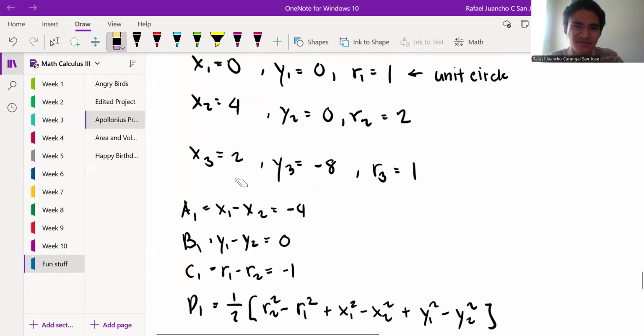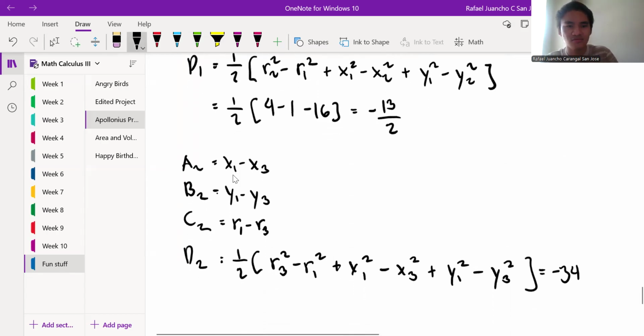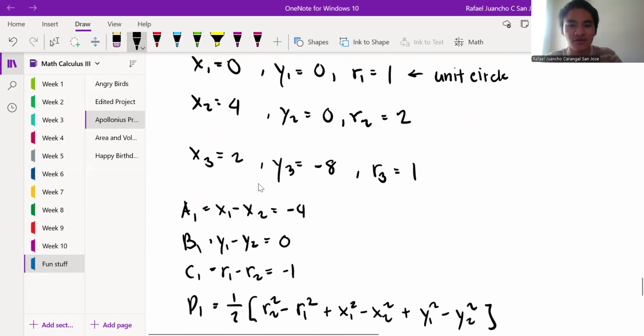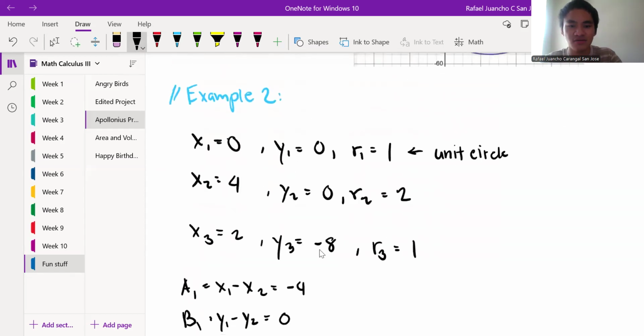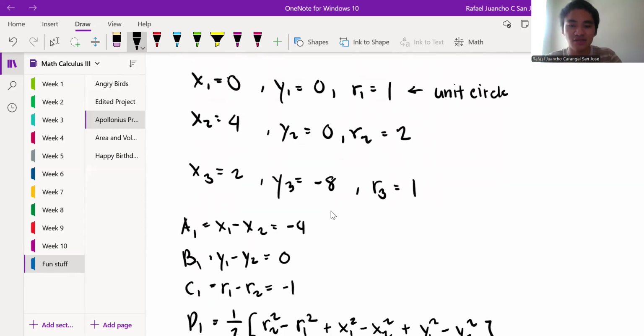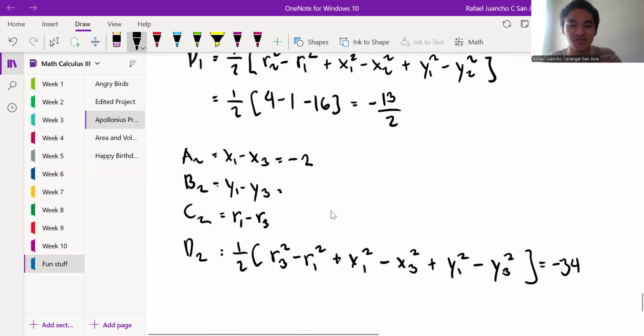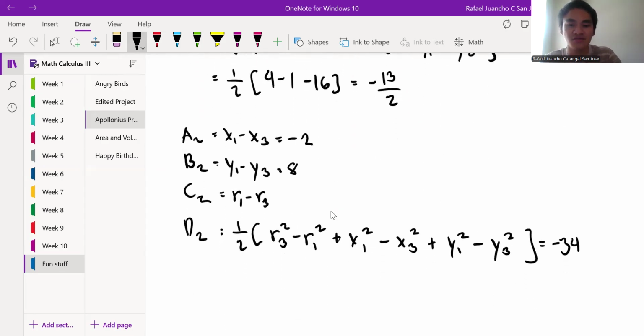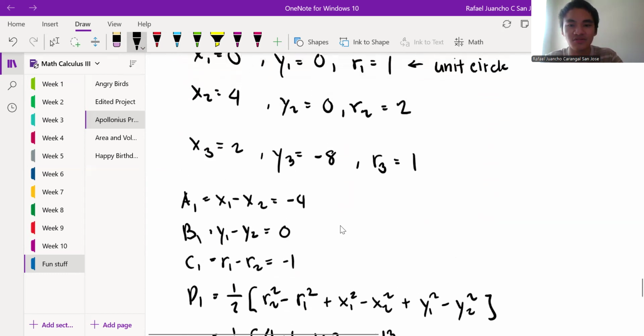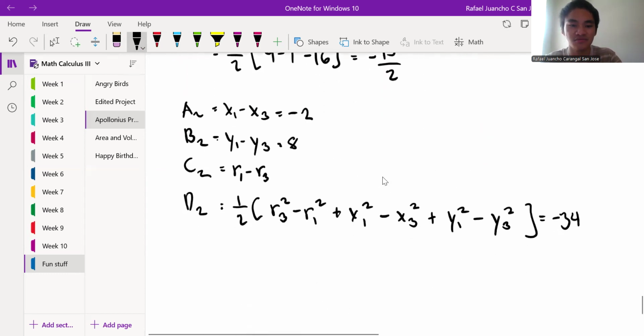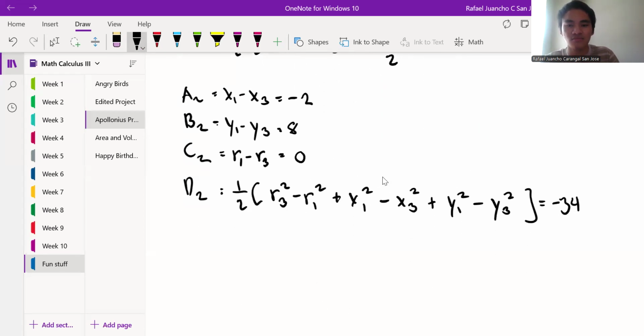X1 minus x3 is negative 2. Y1 minus y3, so this is plus 8, right? 0 minus negative 8 is plus 8, or positive 8. R sub 1 minus R sub 3 is 0. Okay, and then from there we can just check.